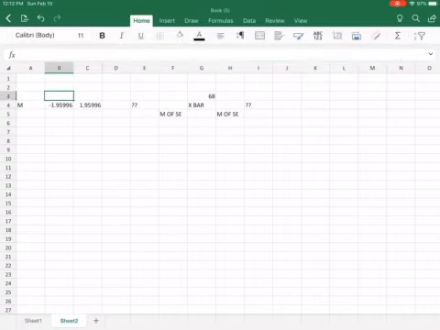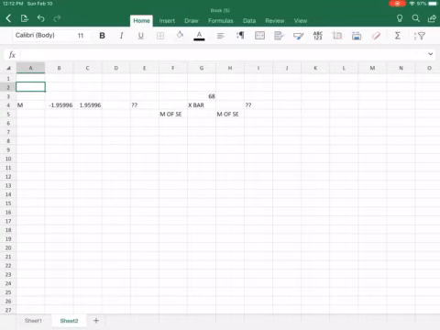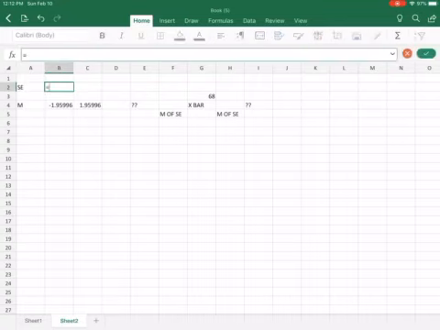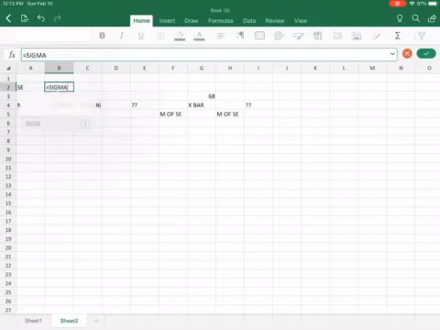My standard error is, I'm going to use the sigma divided by square root of n.